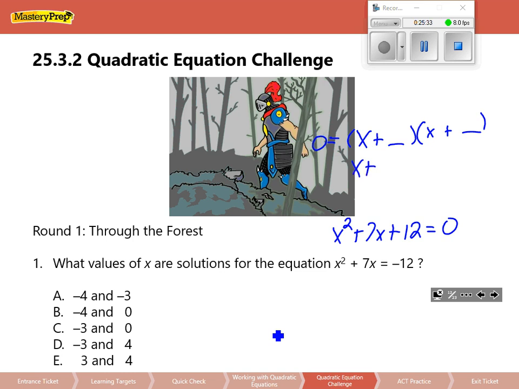So x plus our number would equal 0, and x plus our number would equal 0. But to get x by itself, I have to subtract whatever that number is from both sides. So we would have a negative version of whatever our number is for both, which means the actual correct answer is A.